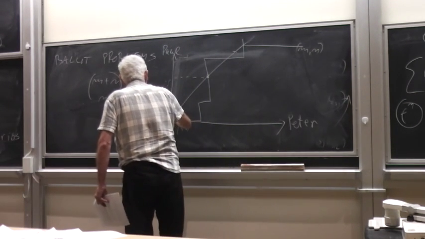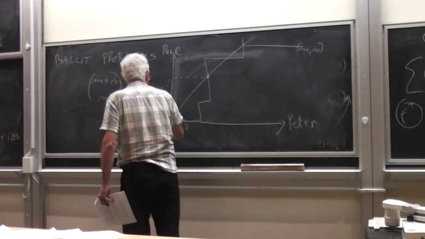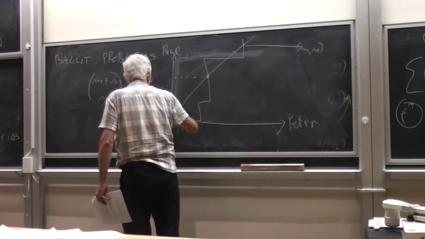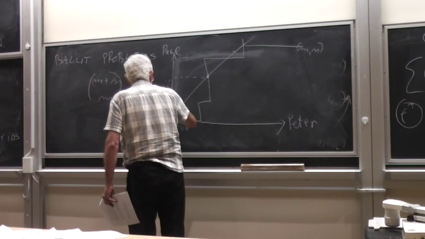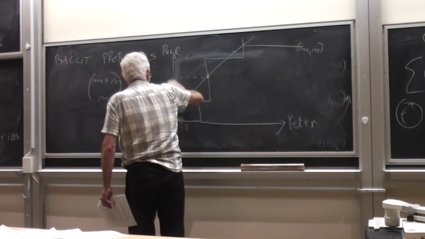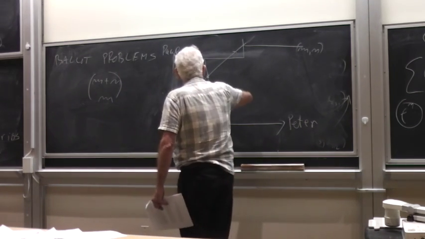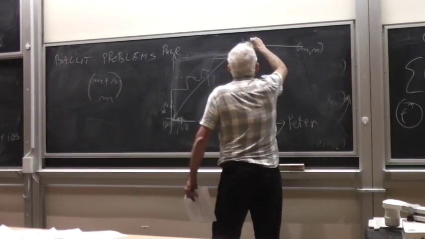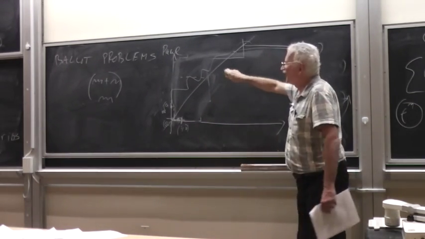And get a walk to the point, no, the point 0, 1. Sorry. The point 0, 1. That's the version. Every walk from 0, 1 to (m, n) must cross this.